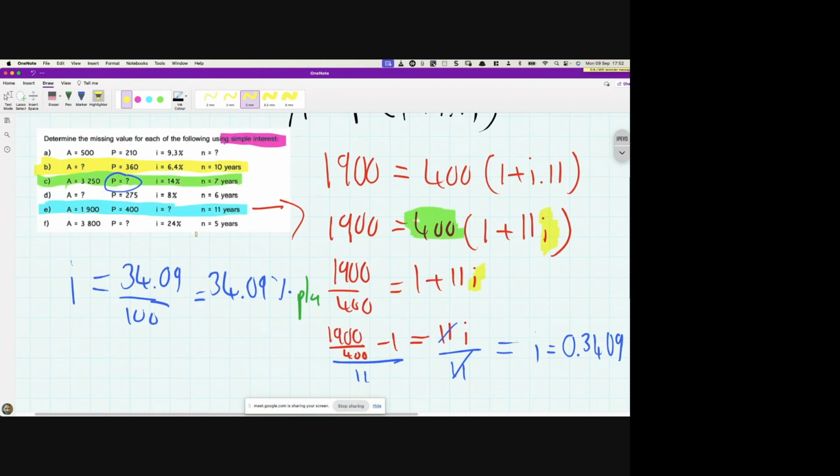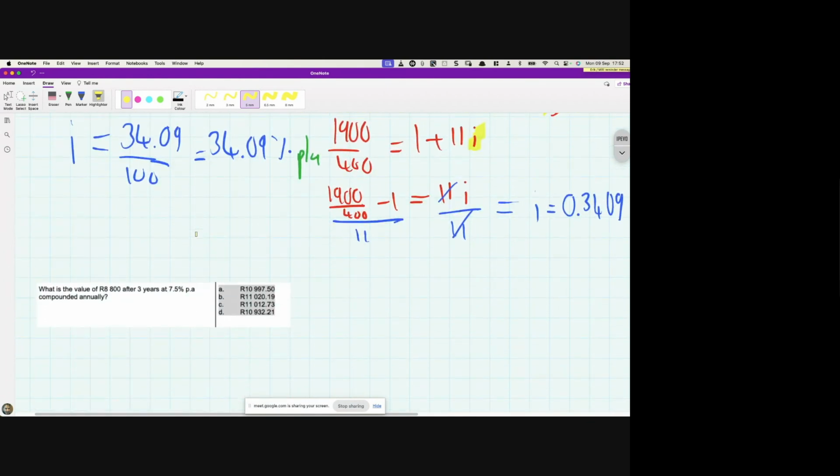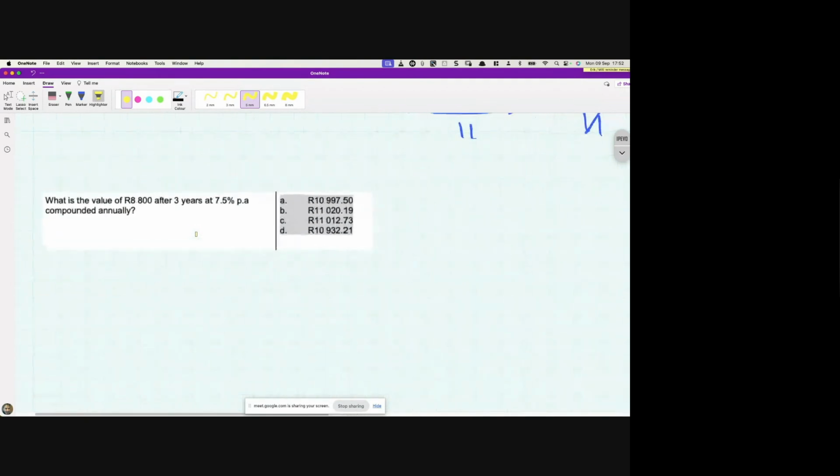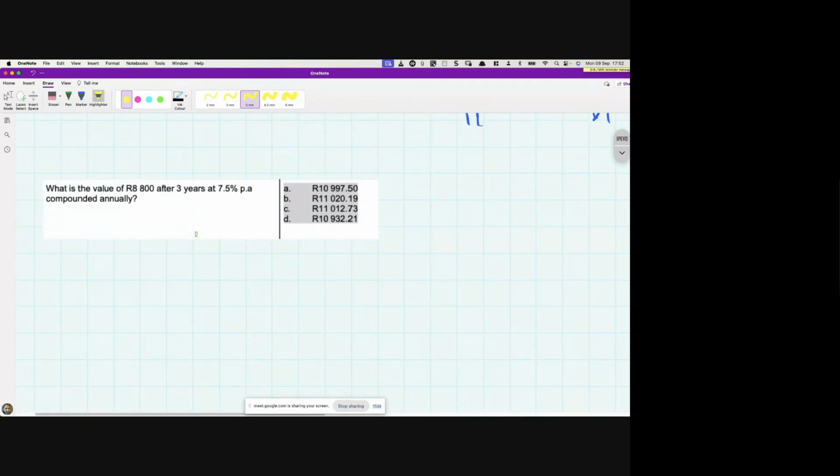So I'm just going to finish today with one multiple choice question. And here is your multiple choice question. It says, what is the value of 8,800 after 3 years at an interest rate of 7.5% per annum compounded annually?